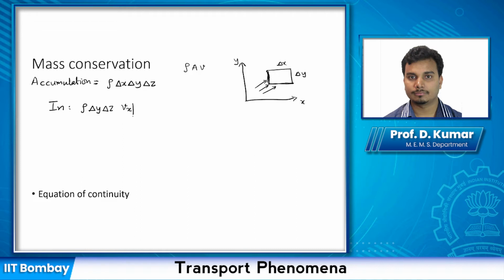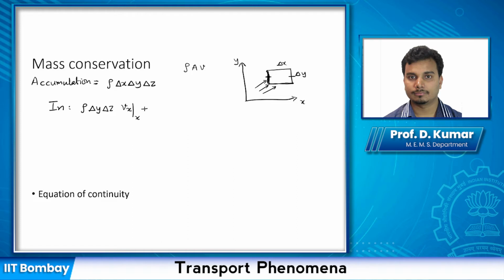Okay, and we'll specify the location. So this location is x, y, z, and when we are talking about going in from here and coming out from here, you can consider the average here. So that will be y plus delta y by 2. Here also y plus delta y by 2, but that term does not change. So we can just write that whatever is coming in at x.